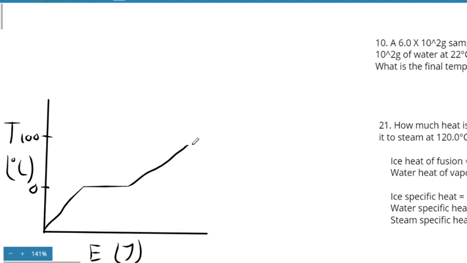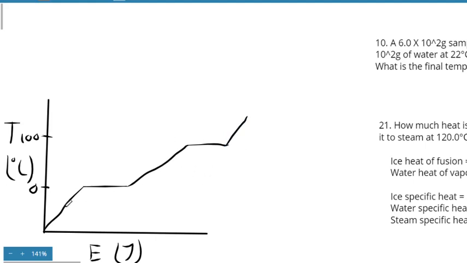So it turns into steam and hits another plateau. The energy is increasing, but the temperature is staying the same. And then when it is steam, it goes up again for another 20 degrees because it heats up to 120. So like that.